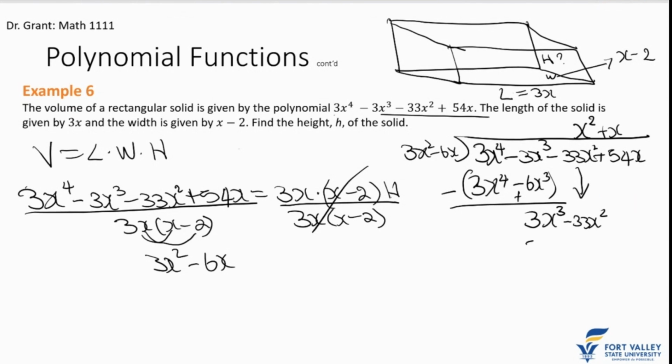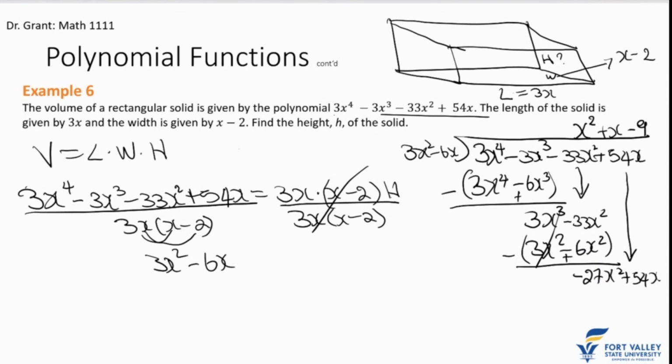x times 3x squared is going to be 3x cubed. x times negative 6x is going to be negative 6x squared. We subtract. Here we're going to be adding. These go away, so here we're left with a negative 27x squared. We carry down the 54x. So 3x squared into 27x squared is going to give me a negative 9.